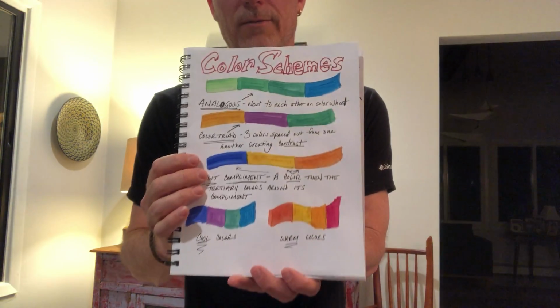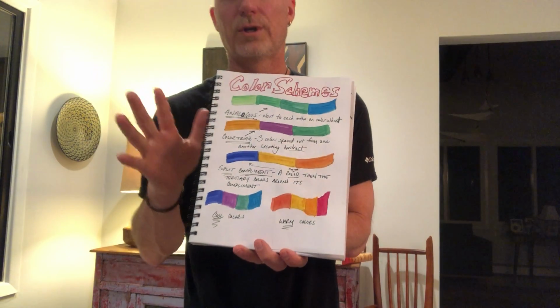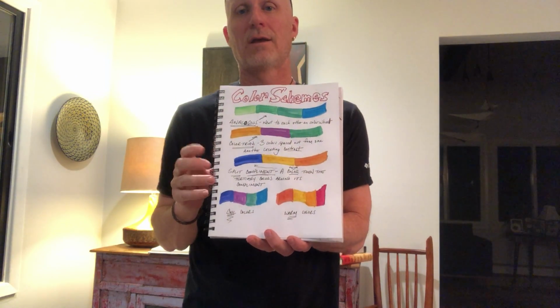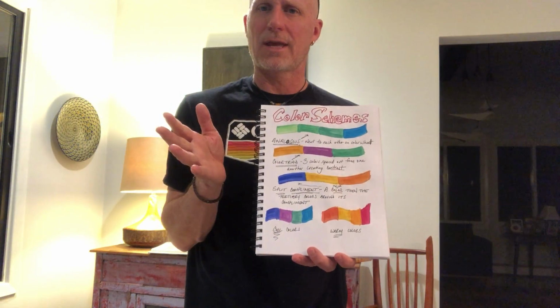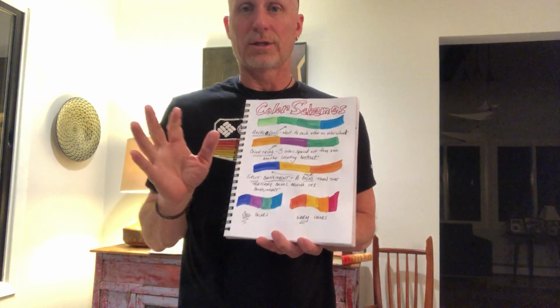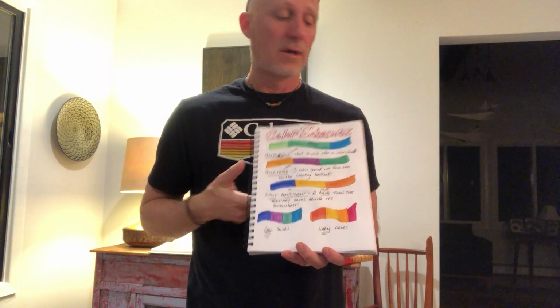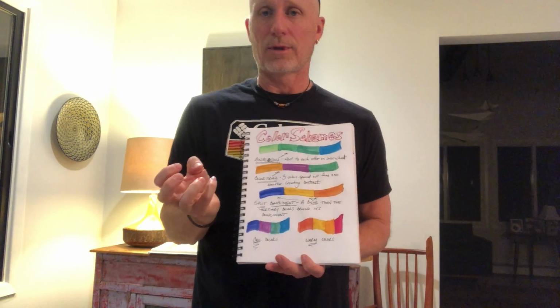The next term I want you to know is split complement, okay? Split complements are really cool. These are used in design a lot because, unlike analogous color schemes where everything seems to be kind of the same, or triadic color schemes where everything's really different, a split complement is a nice combination of the two.